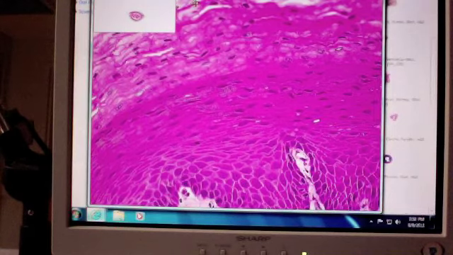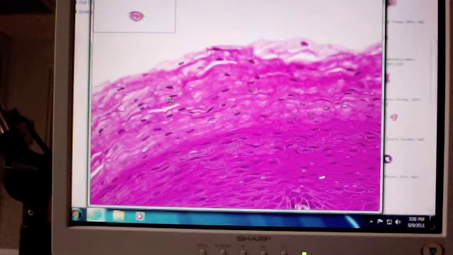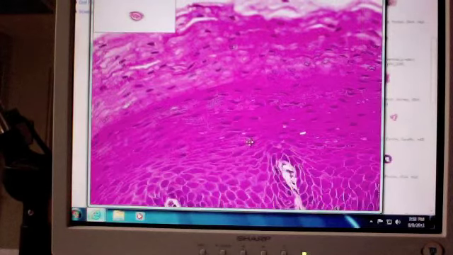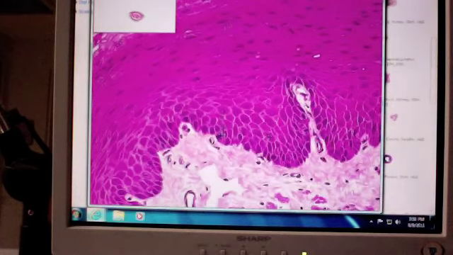Stratified squamous non-keratinized. Right. So stratified, squamous, non-keratinized. All right. How do we know that this is non-keratinized? You see cells all the way to the surface. Great. Excellent. Okay.